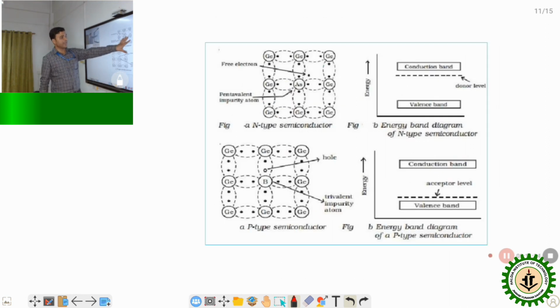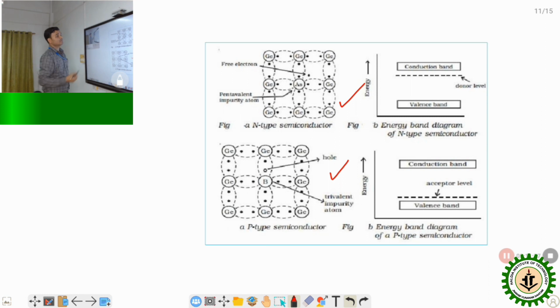So this is the band diagram for p-type and n-type semiconductors. As we already know from the previous structure, for an n-type semiconductor, electrons are majority carriers, and for p-type, holes are majority carriers.